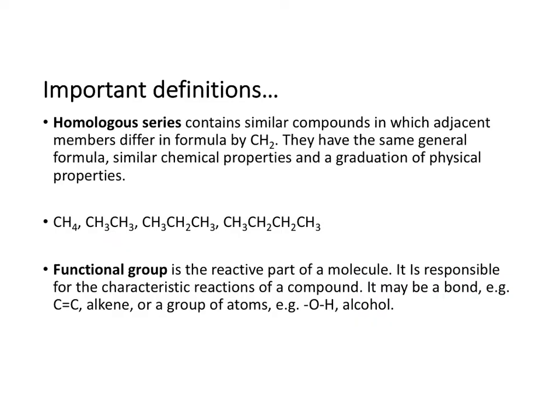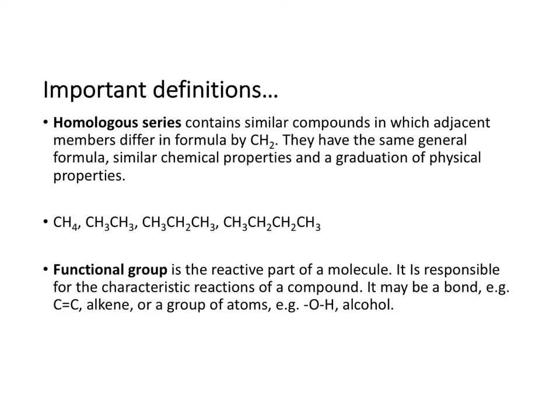So in order to start making sense and trying to make organic chemistry a little bit more logical for us, we need some definitions. So the first one is a homologous series. This series contains similar compounds in which adjacent members differ by the formula CH2. So they have similar chemical properties and just a slow change of physical properties like melting point.